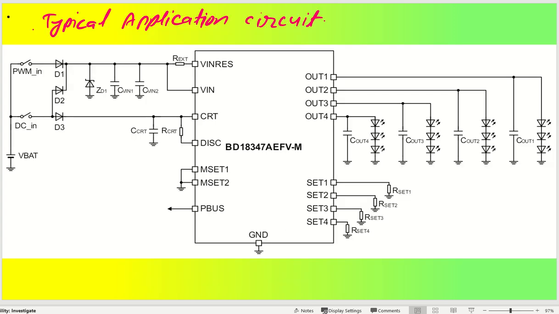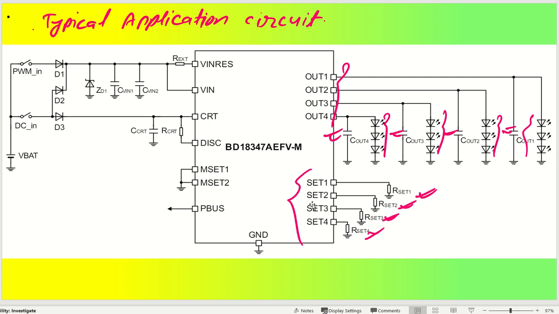Coming back to the typical application, the design is very simple. These are the outputs. As you can see, we have a capacitor on each of the outputs, so 4 capacitors, and these are the LEDs in series. Okay, so this is how the design is. All the output currents can be set by set resistors, which are R set 1, R set 2, R set 3, R set 4, using these 4 set pins.